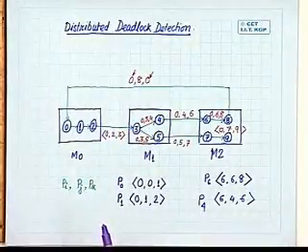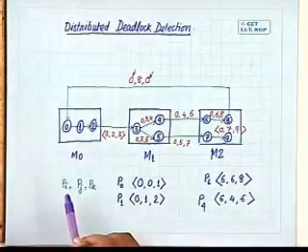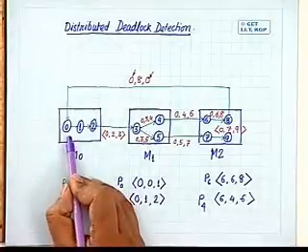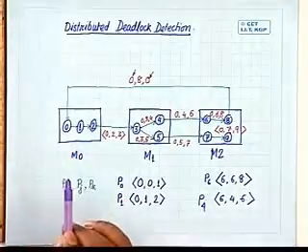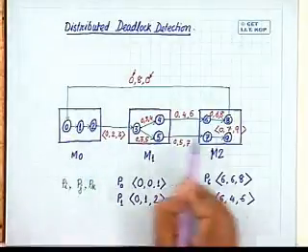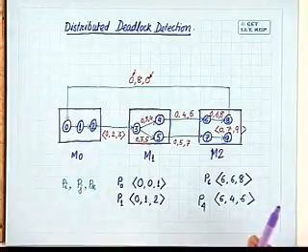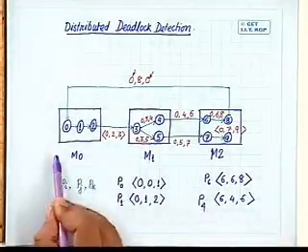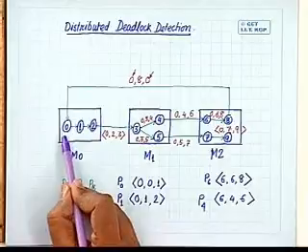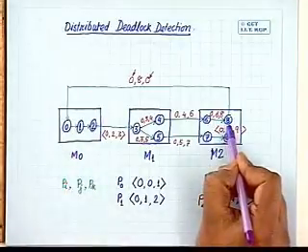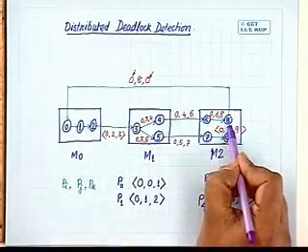Okay. Now it can take a decision that in that list, process 0, instead of committing suicide itself, will request the highest numbered process to commit suicide. So in this particular list, instead of process 0 being killed, process 8 will be killed. Okay?